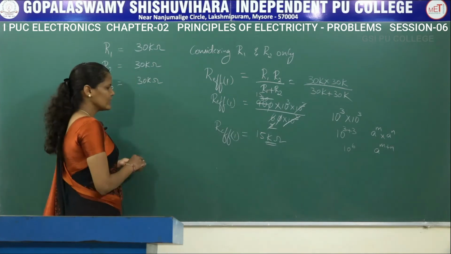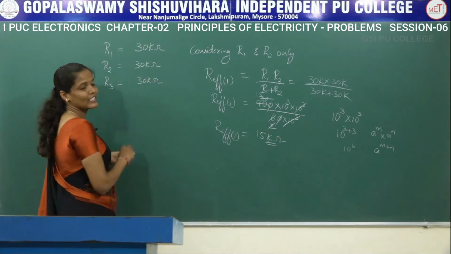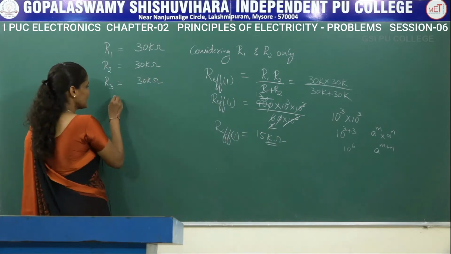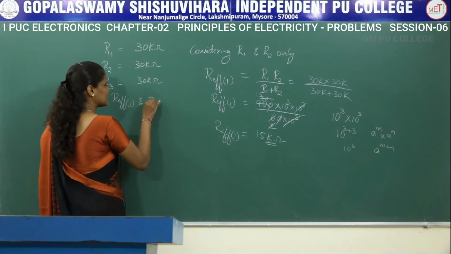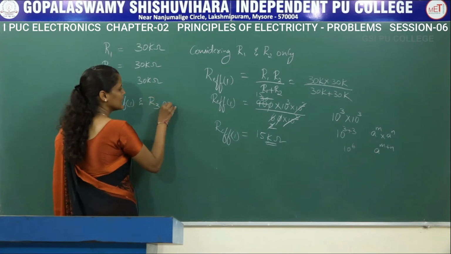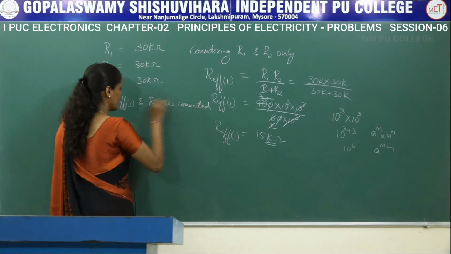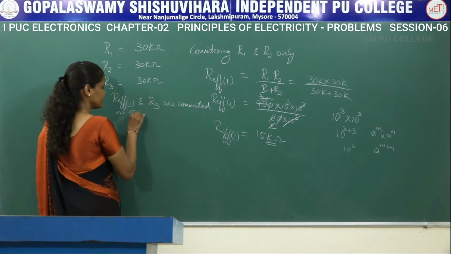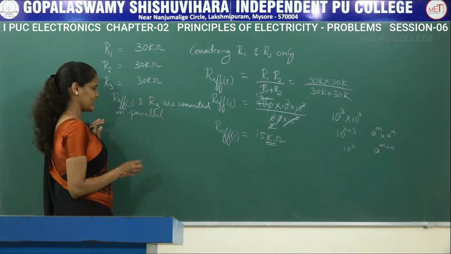Now what we are going to do is, we are going to consider this 15 kilo and this 30 kilo separately. That is, R effective 1 and R3 are connected in parallel. So again I am having only two resistors which are connected in parallel.